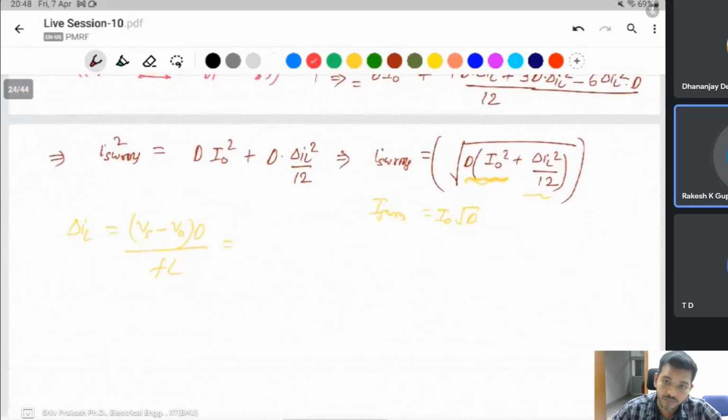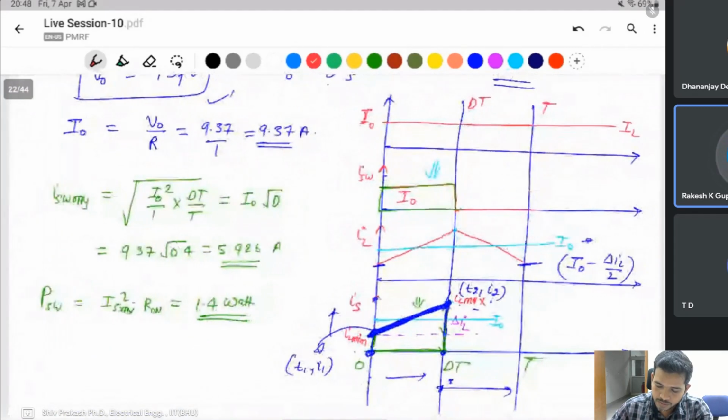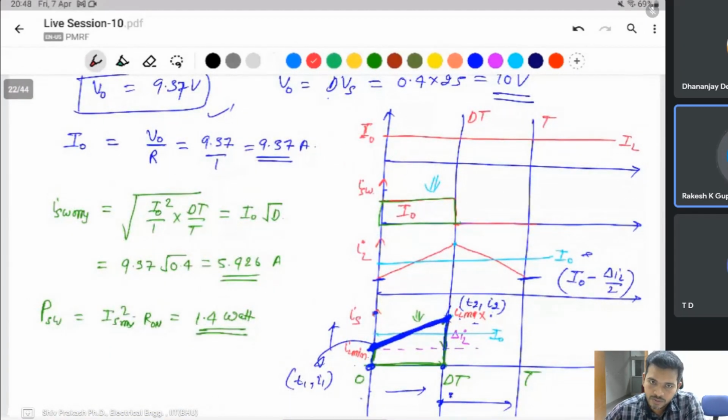Please see the waveform. You have taken only the first slope, the positive slope. For RMS, T1 I1, then T2 and I2, means you have taken only up to half of DT, and you have divided by T. So an identical value will be there in the second half.